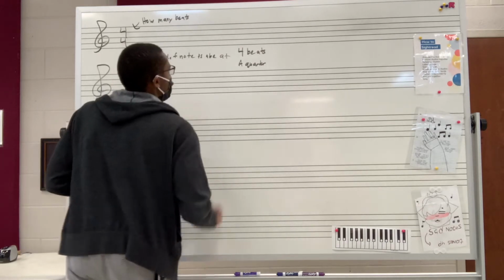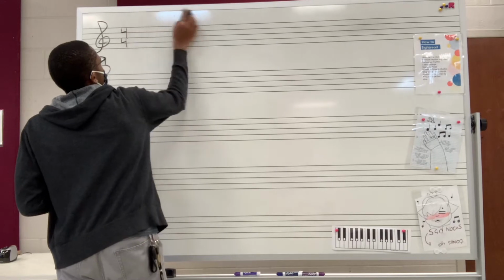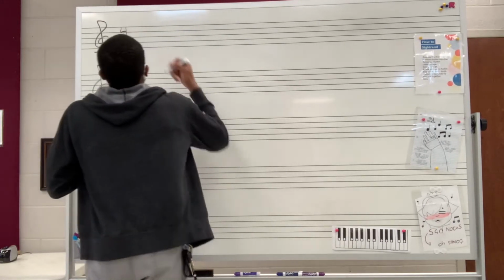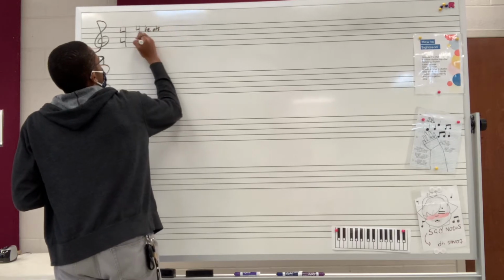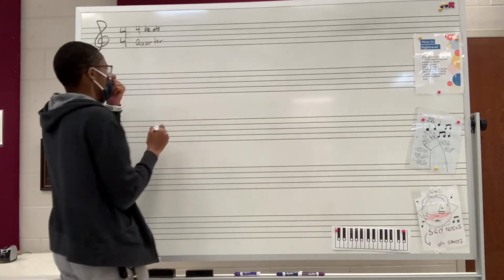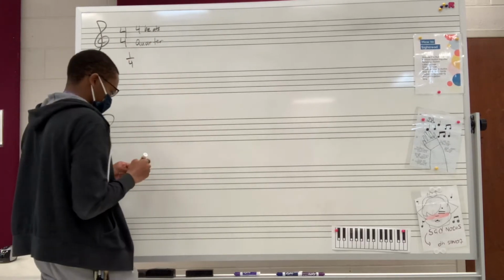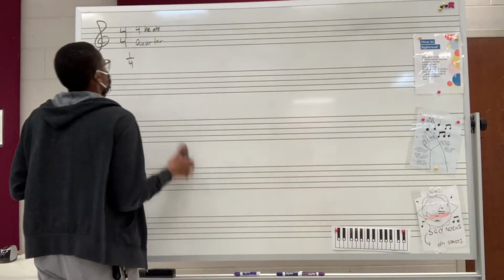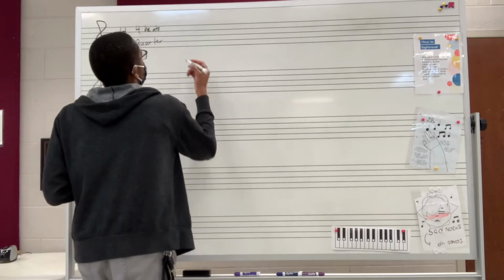Some common ones you'll see are 4/4. So 4 beats, and 1 beat is a quarter note. It's because you have a 4 at the bottom, so it's sort of like 1/4 is a quarter. That's how you know if it's a quarter. I'm just gonna do a few more where you have 4 on the bottom.